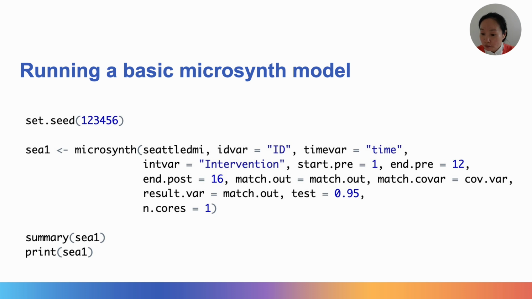Our matching variable would be the 9 covariates that we set up in our last slide. The result variable is the same as a match out variable. It's called any crime. The test we set up is a 95% confidence interval.